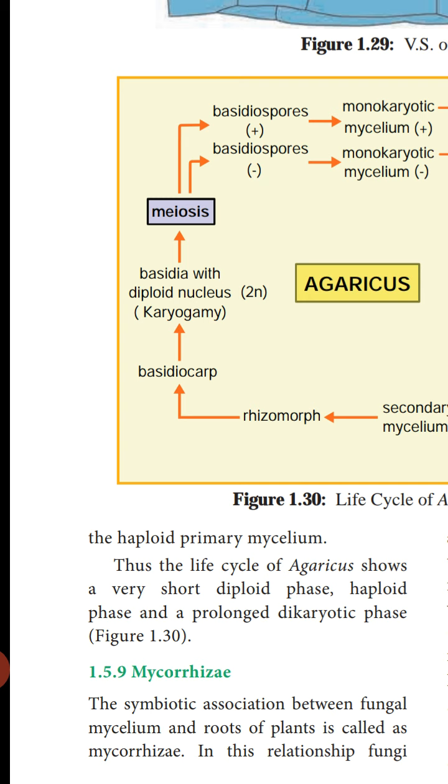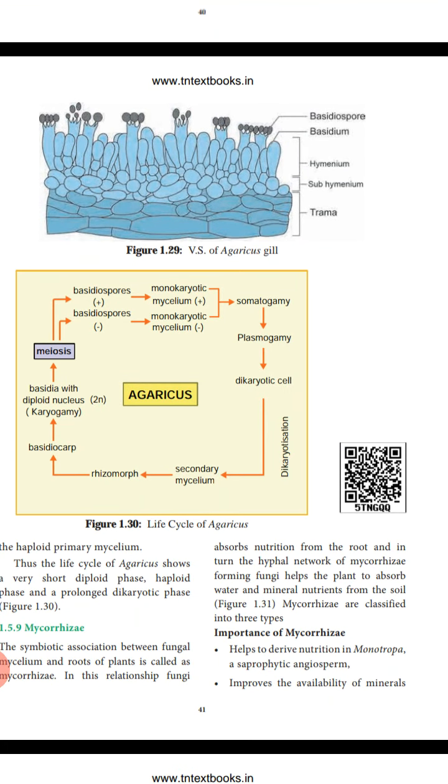So here the life cycle of Agaricus is given in this diagram. You can start from the meiosis. From meiosis, the 4 haploid spores are produced. These 4 haploid spores are called the basidiospores, which we have studied. 2 are from the plus strain and 2 are from the minus strain.